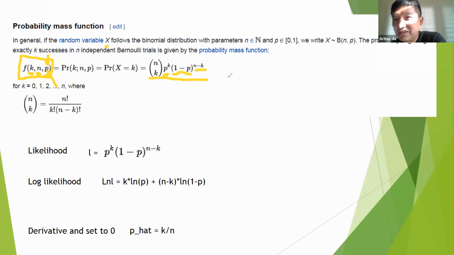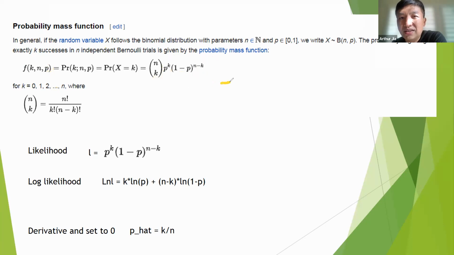The number of failures equals N minus K, and the probability for each failure is 1 minus P, the reciprocal. I remember Mariano asked this reciprocal question last time. This is why P and 1 minus P are reciprocal: they must add up to 1. So this is the joint probability for seeing K successes and N minus K failures.